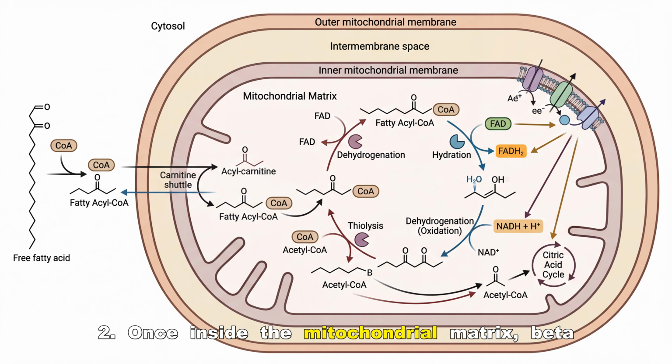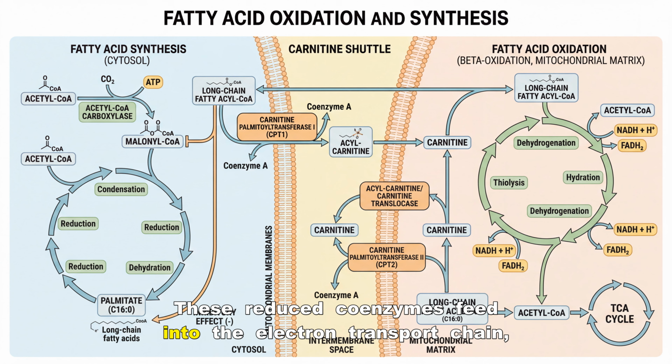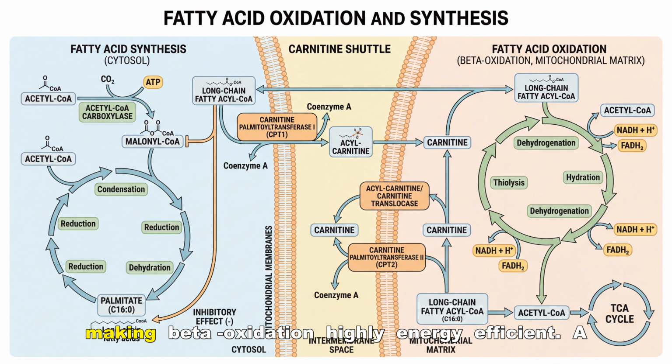Once inside the mitochondrial matrix, beta oxidation proceeds through 4 repeating steps: oxidation, hydration, oxidation again, and thiolysis. Each cycle shortens the fatty acid by 2 carbons and produces 1 acetyl-CoA, 1 NADH, and 1 FADH2. These reduced coenzymes feed into the electron transport chain, making beta oxidation highly energy efficient.